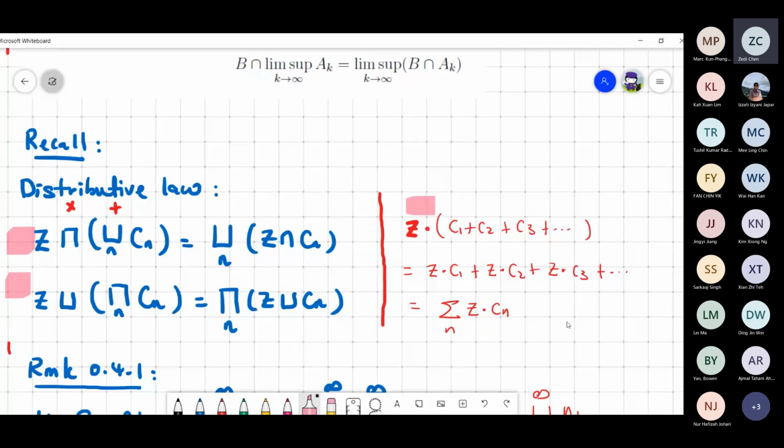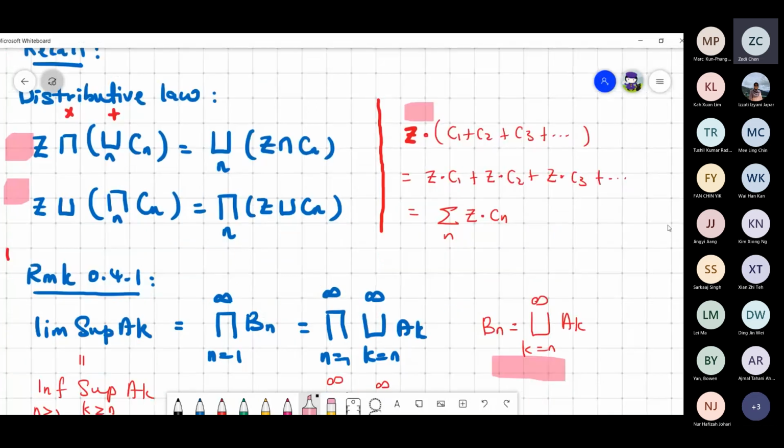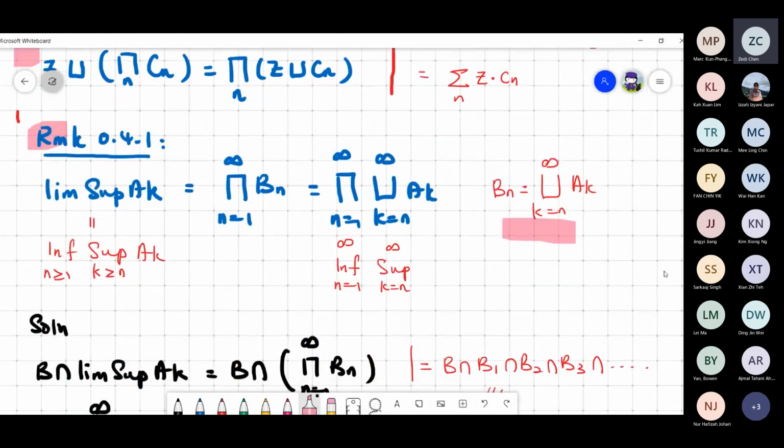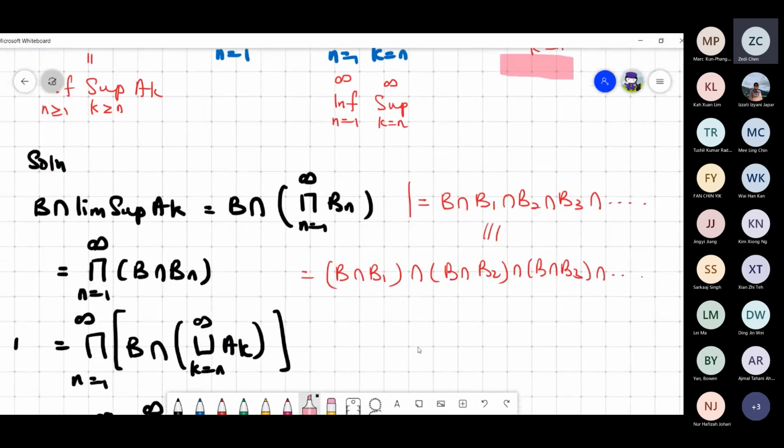Next, you just need to recall the definition of lim sup AK, which is in Remark 0.4.1. Having these two identities in mind, you should be able to solve this question easily.